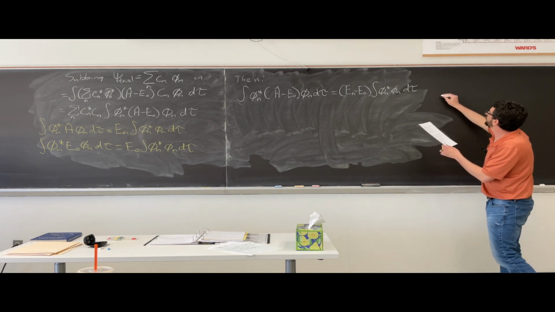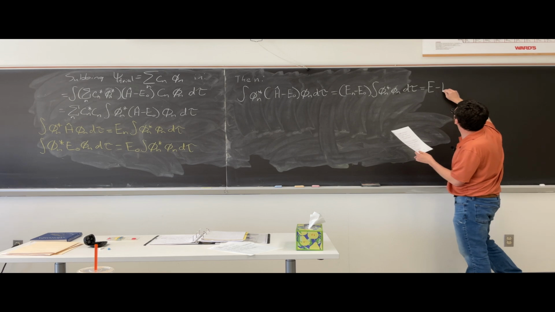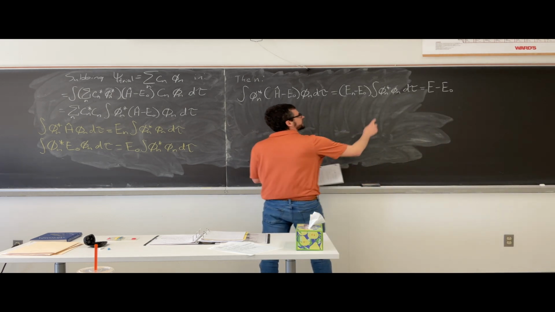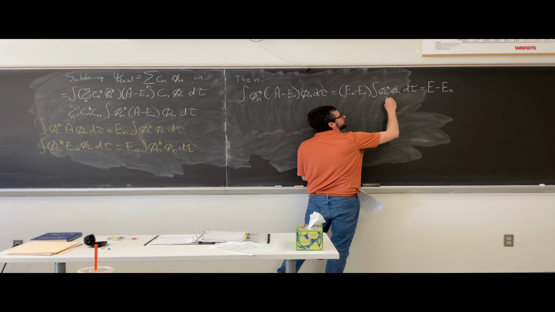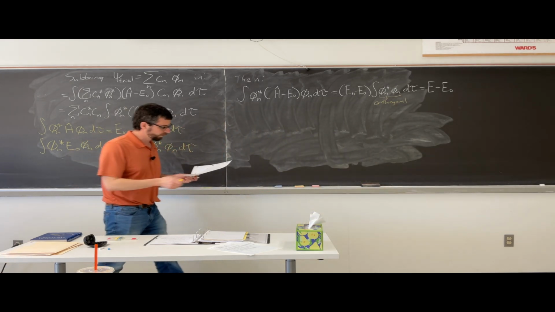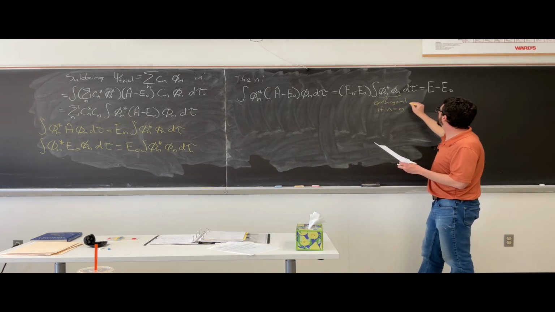Okay, and this whole thing we have shown is also equal to E minus E naught. Okay, so now these guys, they're orthogonal. What does that mean? They're 0 or 1. I guess I should have put a prime here.